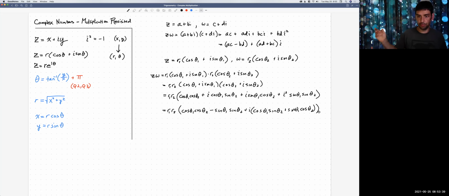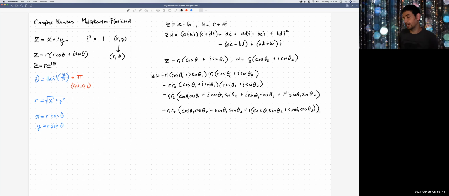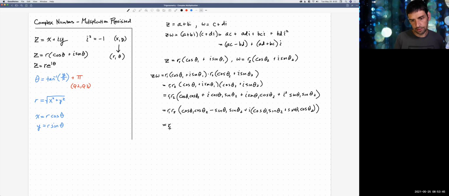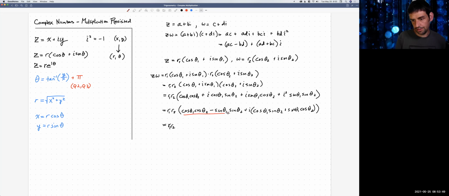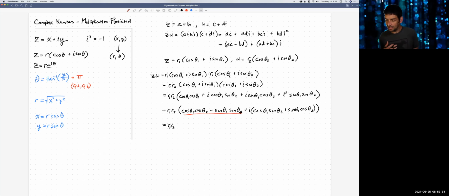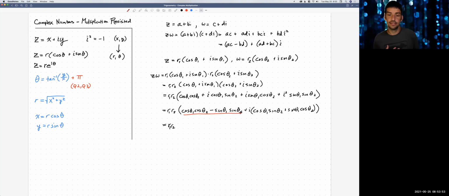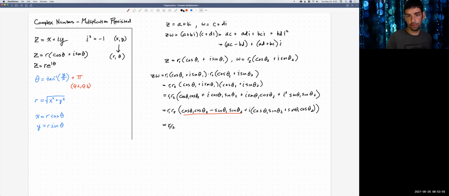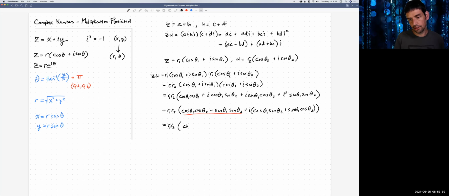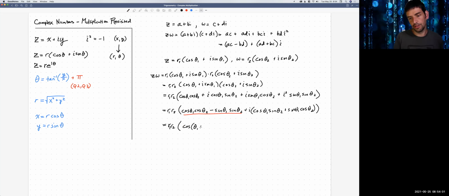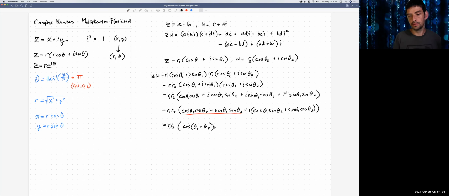So here's where something really magical and interesting happens. If you look closely, this here, if you look at the sum formula for cosine, this is exactly cosine of theta 1 plus theta 2.